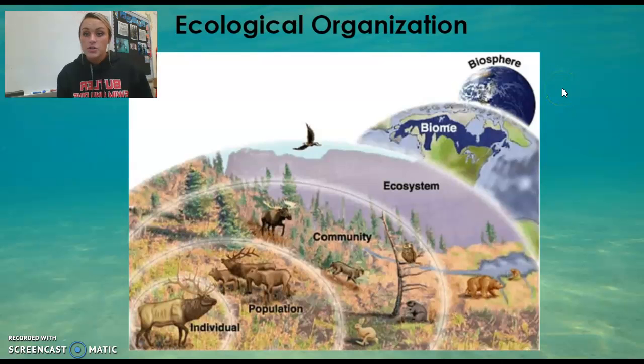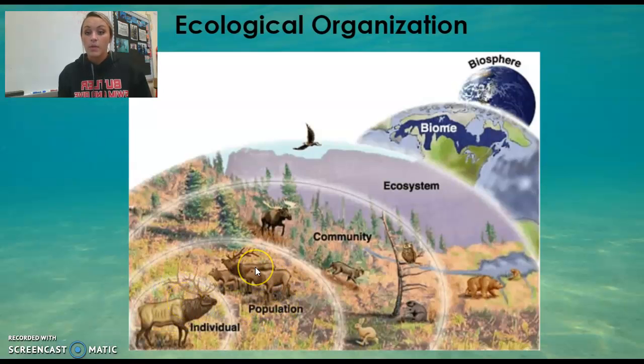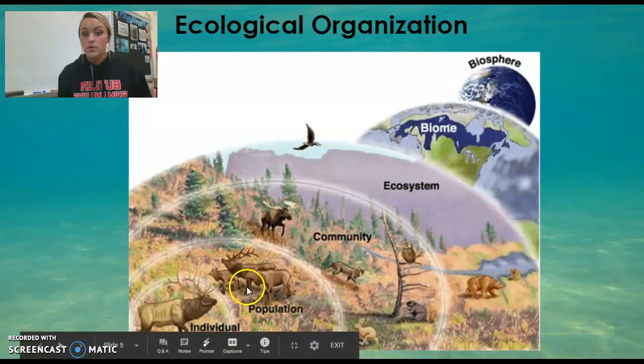In regards to ecological organization, understand that we start with one individual. So say we have an individual, a single clownfish. Then we have a population of that one particular species. So a population of clownfish, more than one of that particular species inhabiting an area. Then we get a community where we have multiple species within an area.